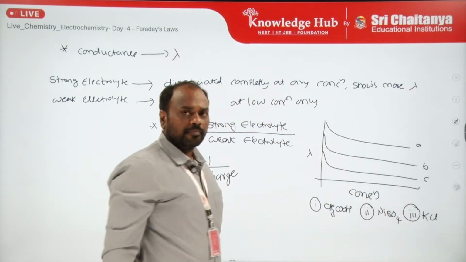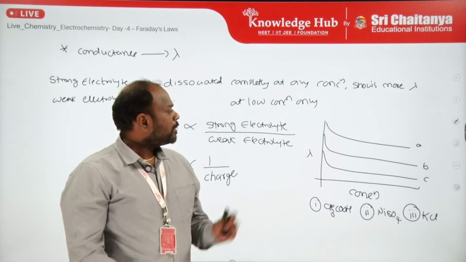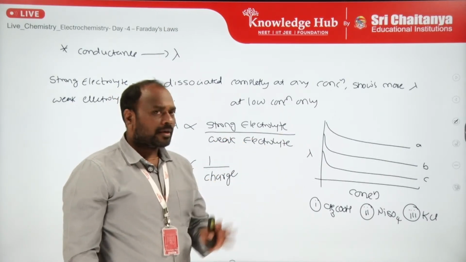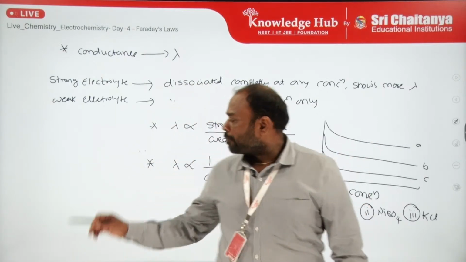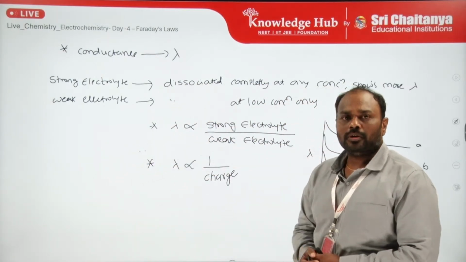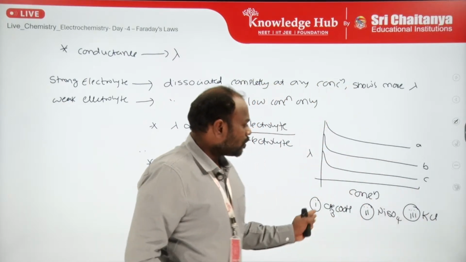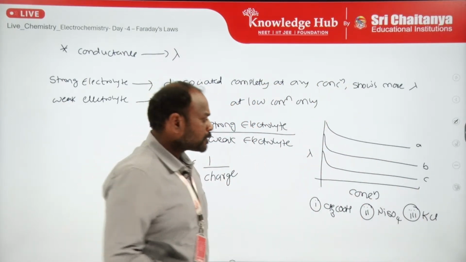Match these three. Based on this rule you have to apply: conductivity is more, lambda value is directly proportional to strong. So which is the strong one out of all these? Your expectation is correct.